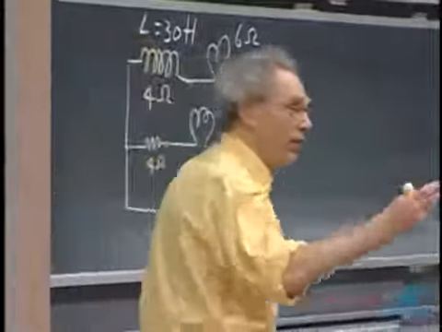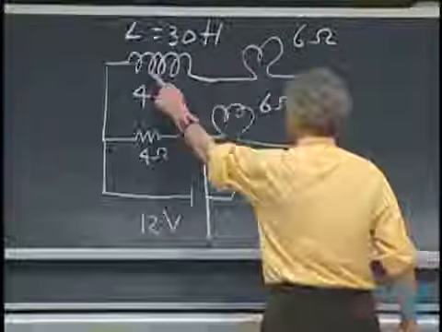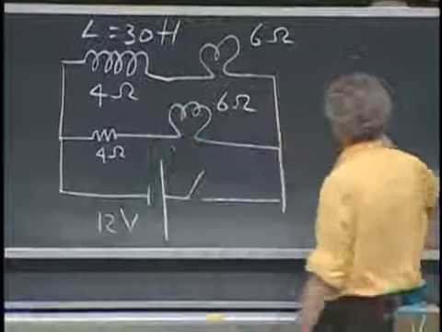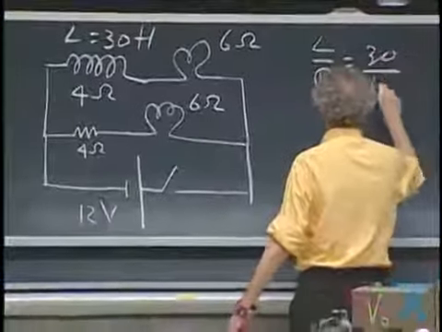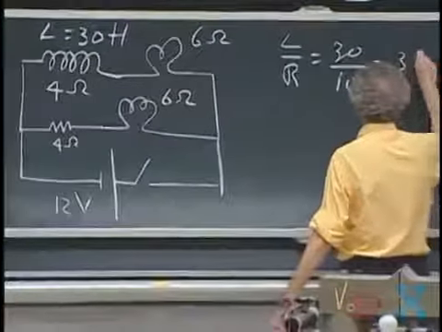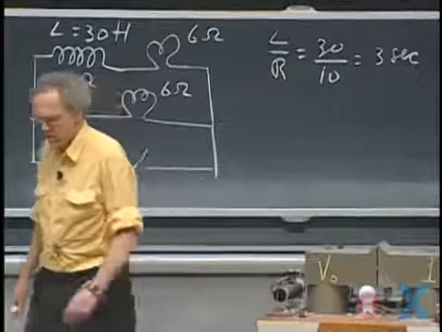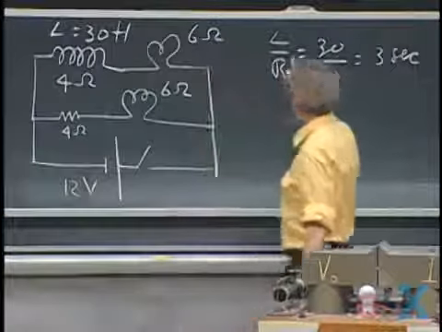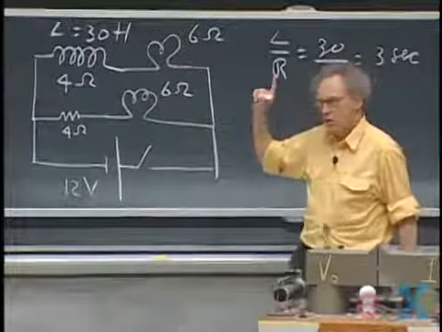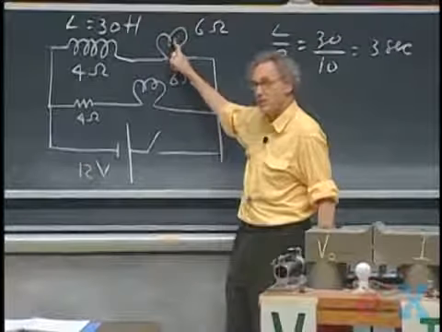And we can calculate how long it takes. Because we have here 10 ohms, 6 ohms, and 4 ohms, so L divided by R is 30 divided by 10, so that is 3 seconds. So what that means is that even after 6 seconds, which is twice this time, even then, the current through this light bulb is only 86% of its maximum.